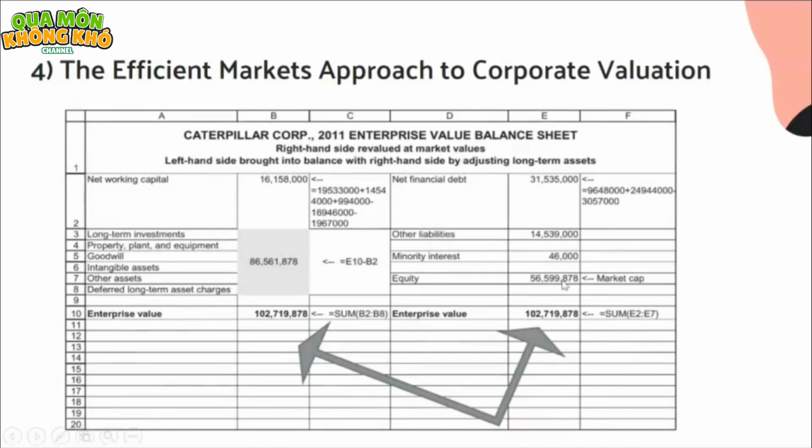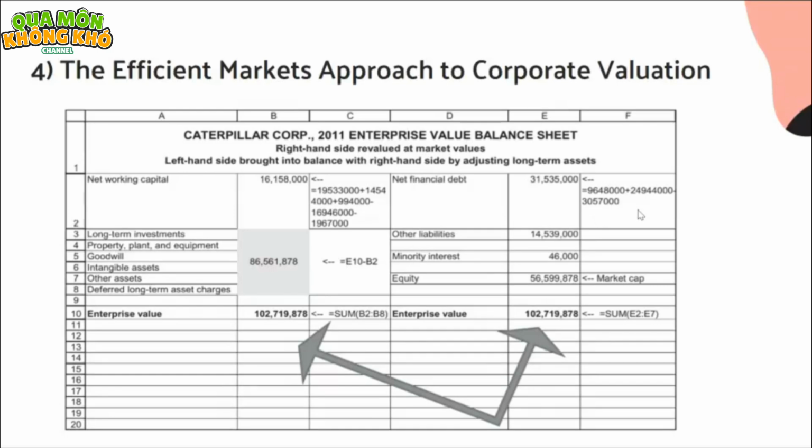So when the efficient market approach is applied to the Caterpillar enterprise value balance sheet, the right-hand side of the enterprise value comes out to $105,719,878.